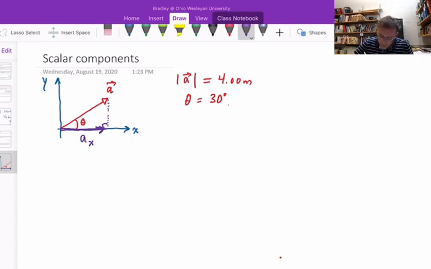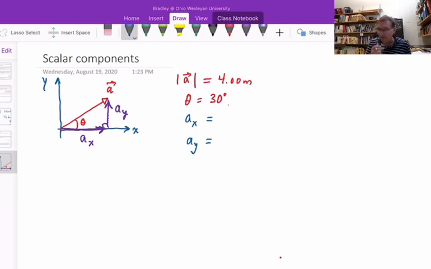And then draw over here a regular arrow, but it's got to point up to go to the tip there of A. That's a sub y. Now I've created a little component triangle. And I'm just going to use trig to find a sub x and a sub y. In other words, what's the numerical value for a sub x and the numerical value of a sub y? What are the scalar components, a sub x and a sub y?